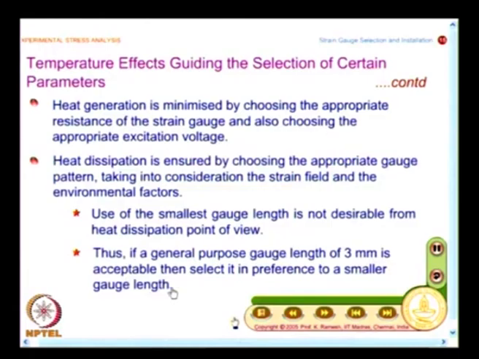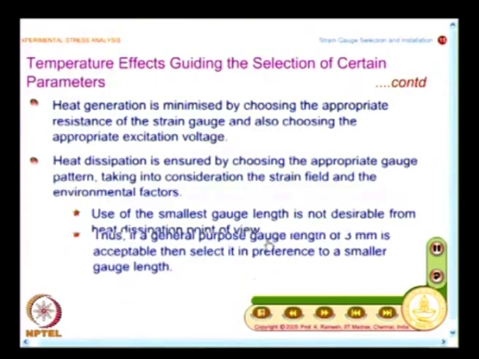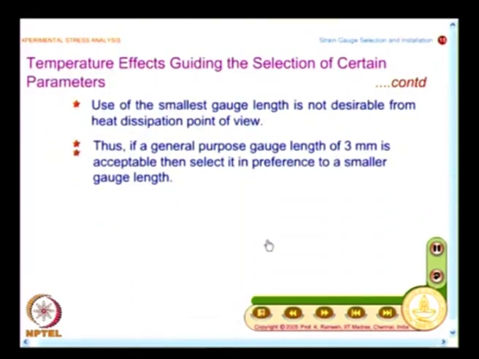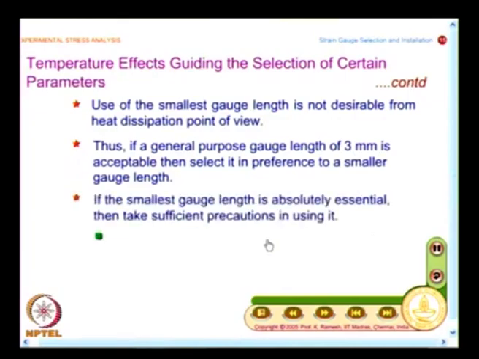So, this is the recommendation. You need to go in for selecting a longer gauge length from the heat dissipation point of view than what you would normally do if you are not exposed to strain gauge technology.